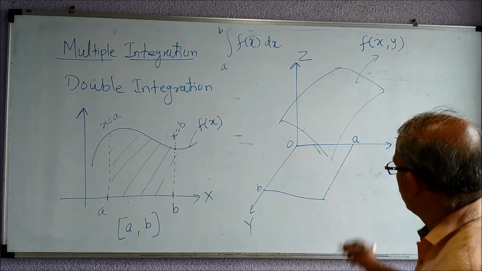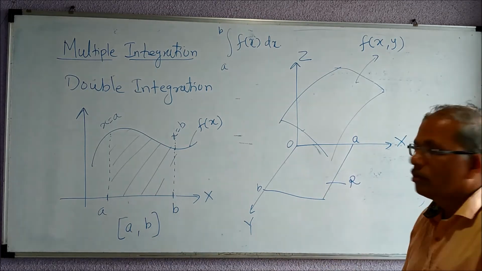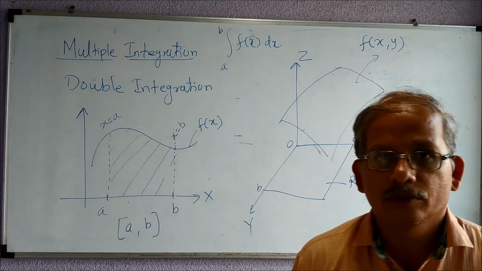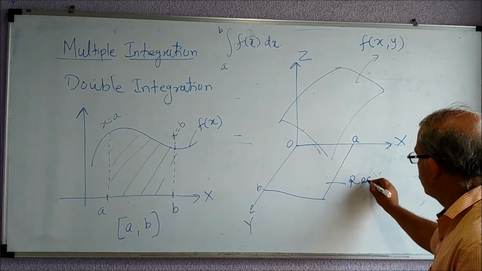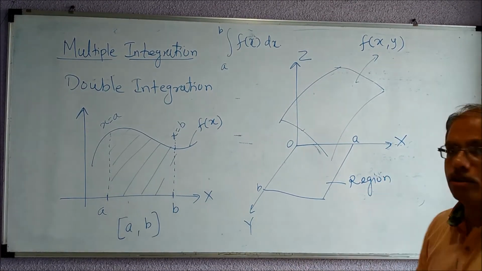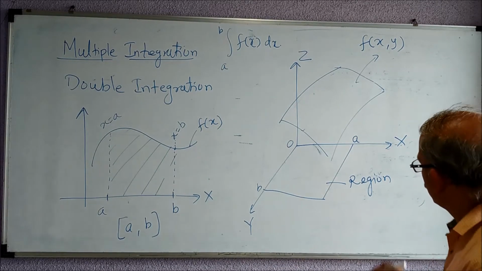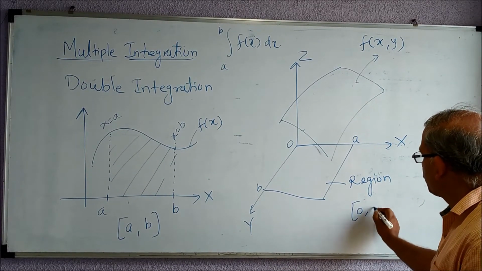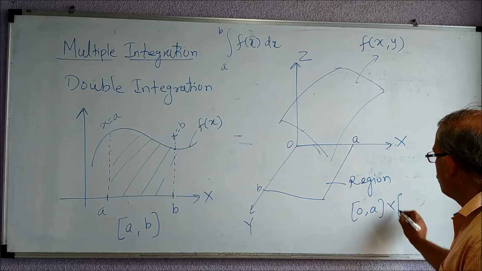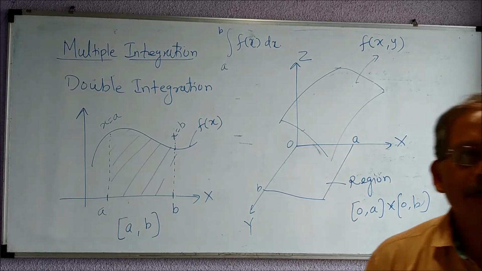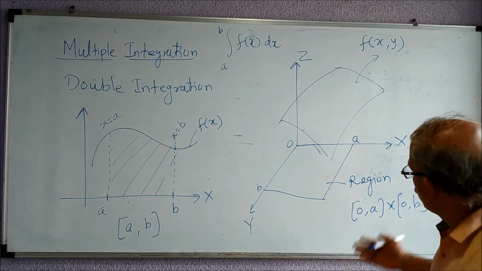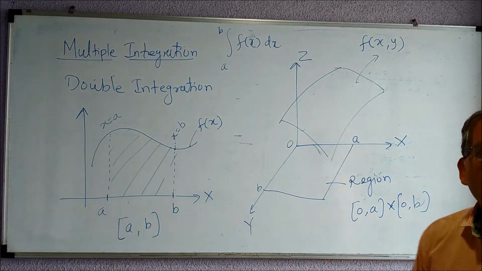This rectangle is called a region, and it is defined as OA cross OB. So now your domain is a rectangle.